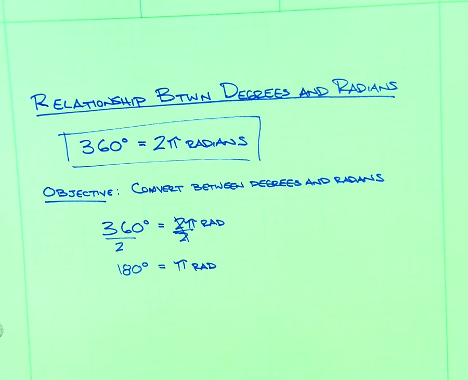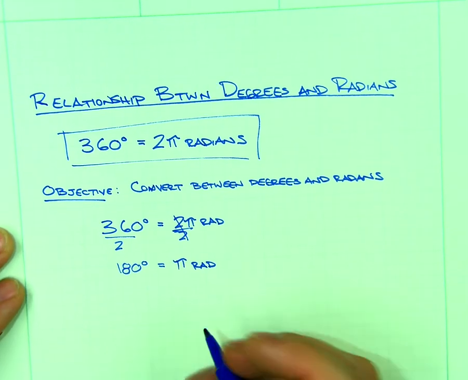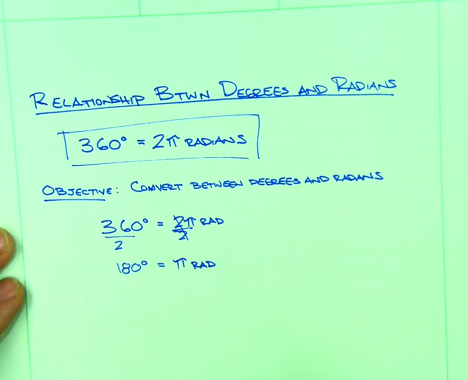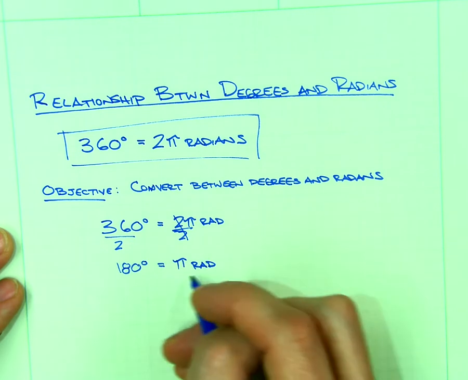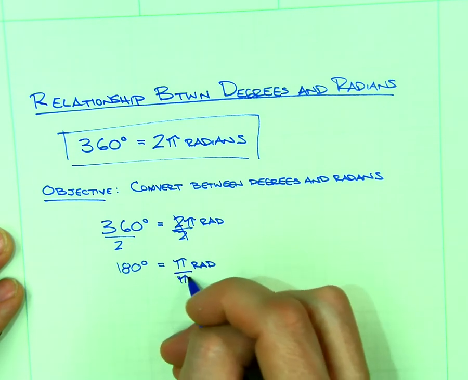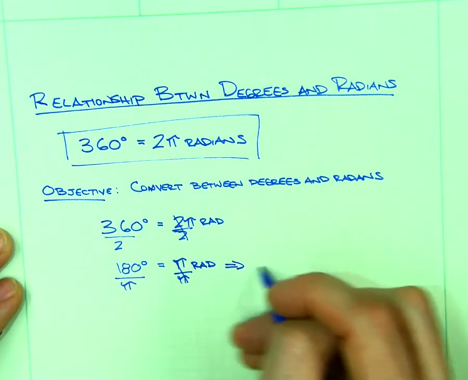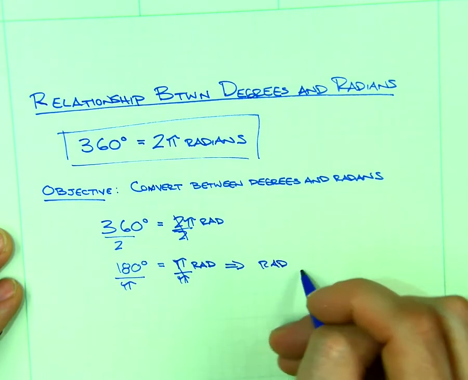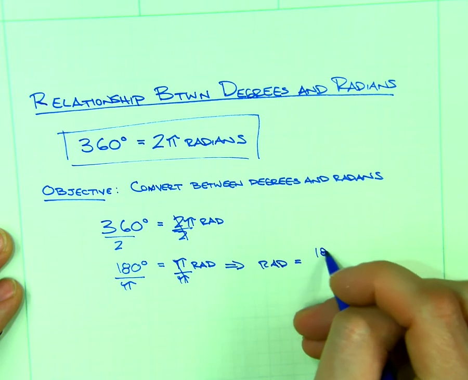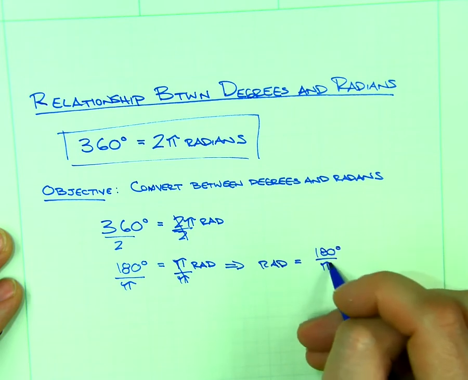Now if you keep solving, you can either isolate the degree or isolate the rad. And so let's start off by isolating the rad. And so we'll divide both sides by pi. And you just come up with radian, rad, is going to be equal to 180 degrees divided by pi.